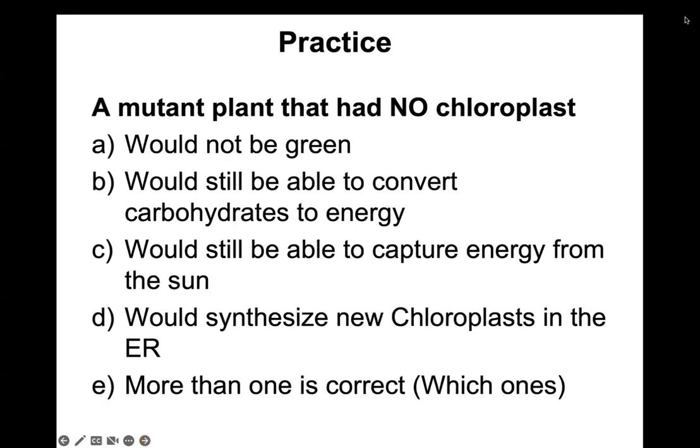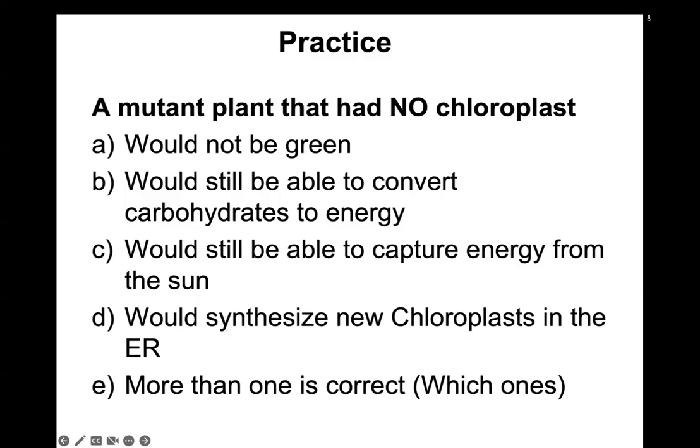Okay, so here's another practice question. If a plant mutates and has no chloroplasts at all, what would be the outcome? It would not be a green plant if it doesn't have chloroplasts. It would still be able to convert carbohydrates to energy. If it didn't have any chloroplasts, would it do that? If it does not have chloroplasts, would it still be able to capture energy from the sun?